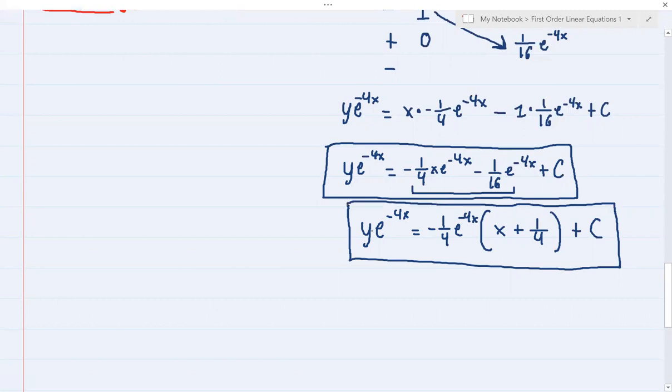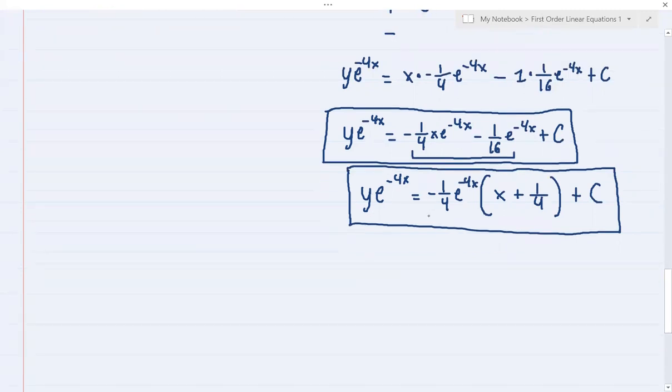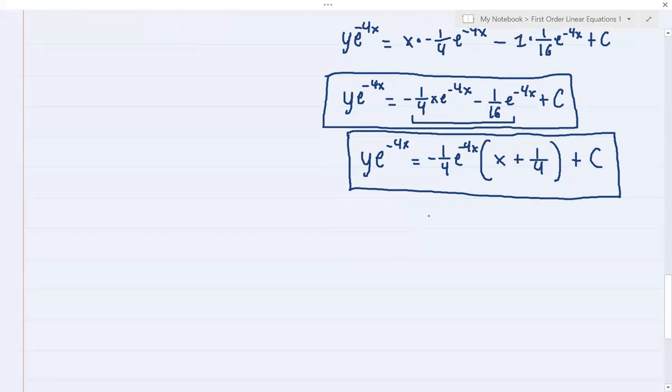So, yeah, that's it. Or if you want to make your equation y in terms of x, then there is no problem.